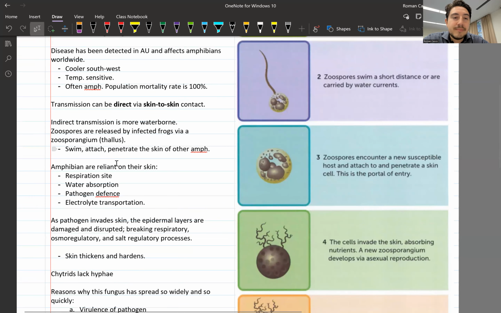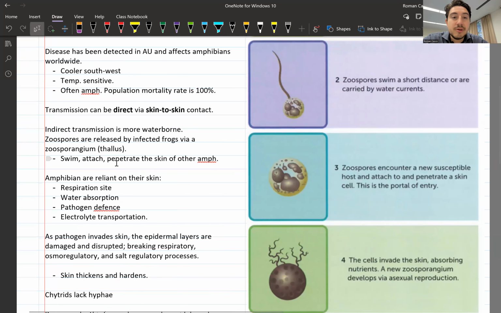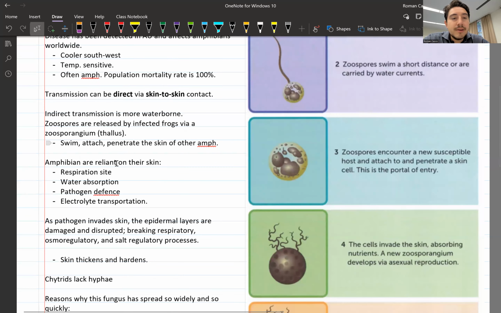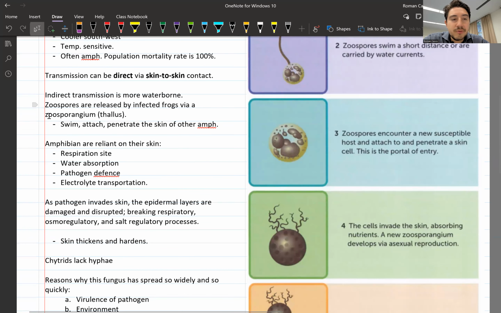So amphibians that are in close community, in close range, one population with another, can get infected easily, right? Again, like I mentioned before, you have zoospores, the zoosporangium, and that ability to swim and penetrate and infect the skin of other amphibians, right?